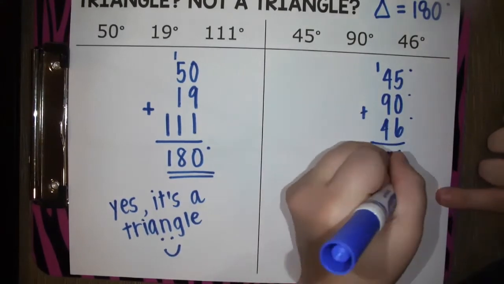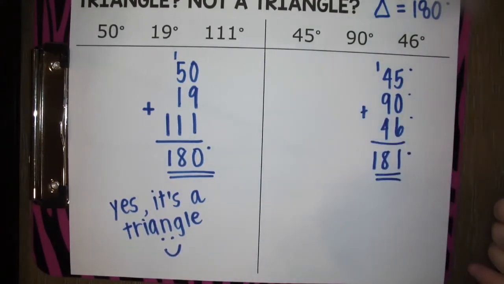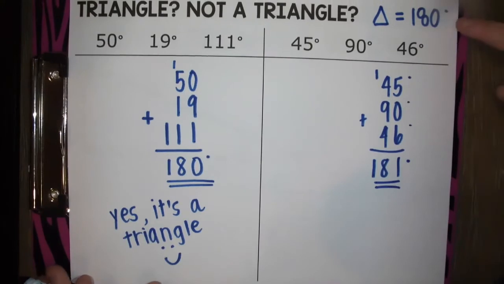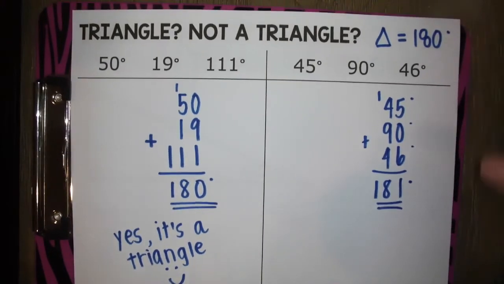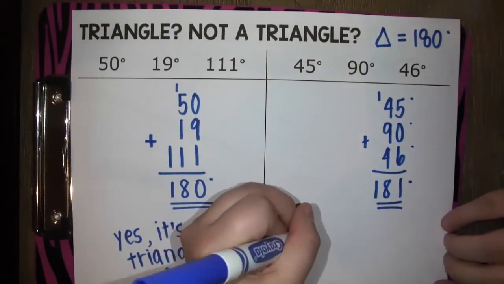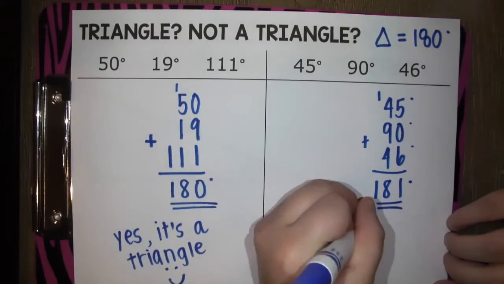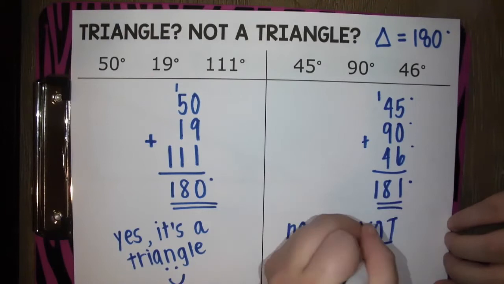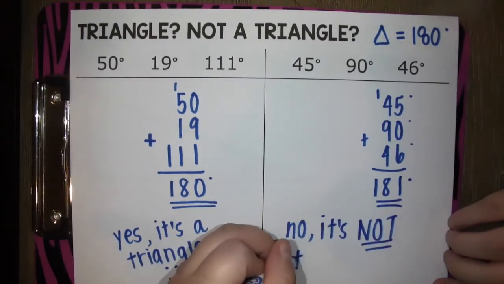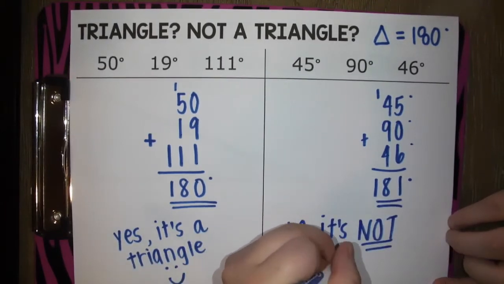Now, all of those angles together give me 181 degrees. Is this a triangle? No, because in order to be a triangle, we need to have 180 degrees. So we have more than that at 181, so we need to say that this is not a triangle.